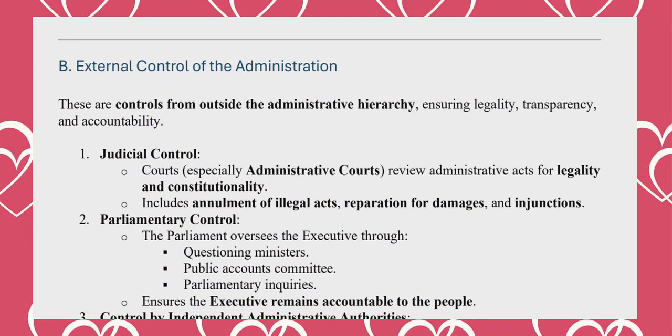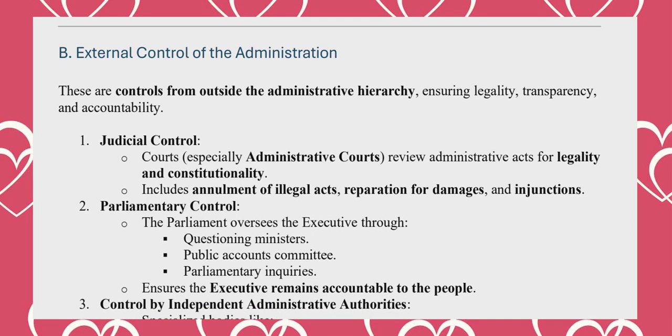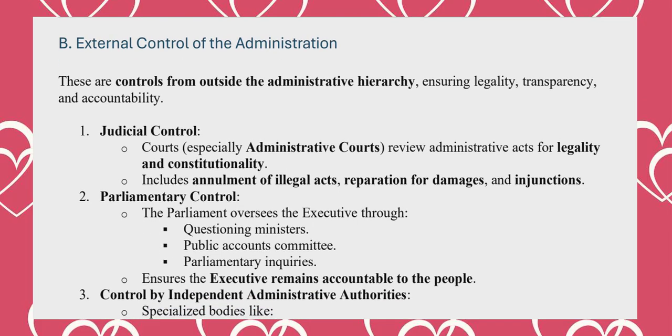So now we have to look at external control. What is external control? It is simple. This is the control of the administration by authorities outside of the administration. I come again.